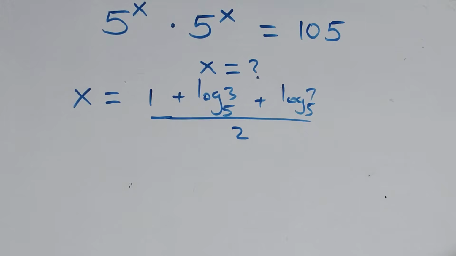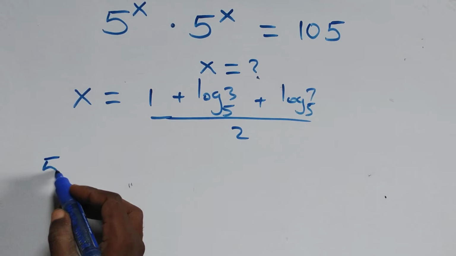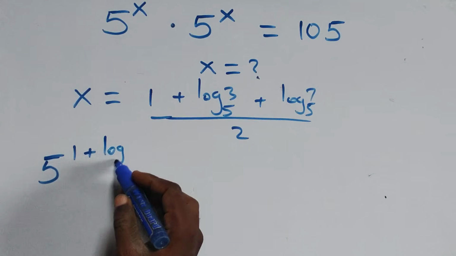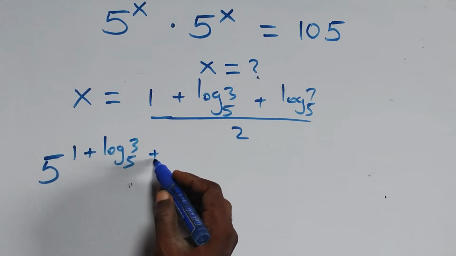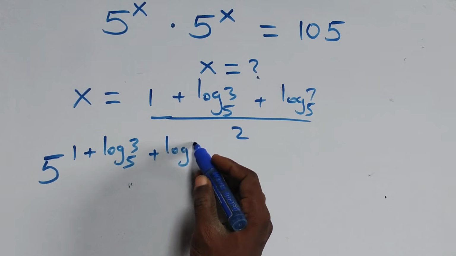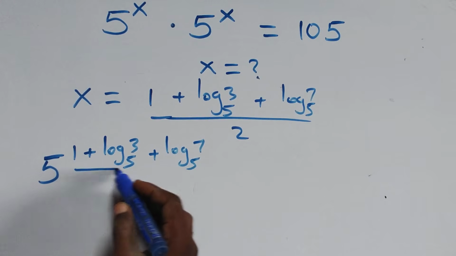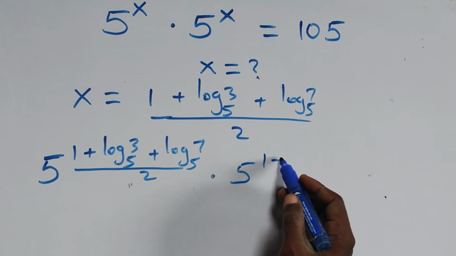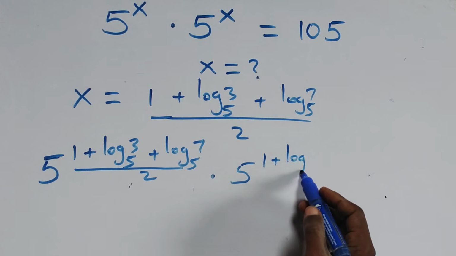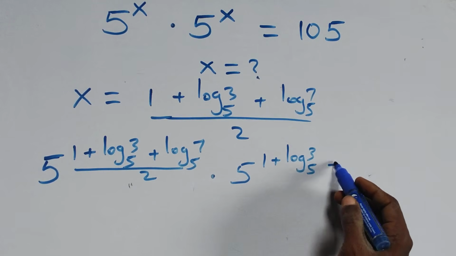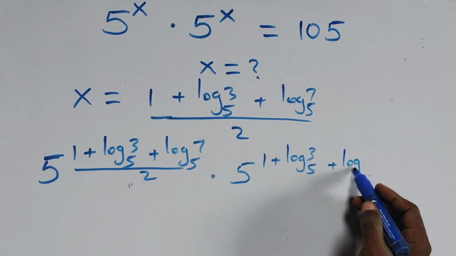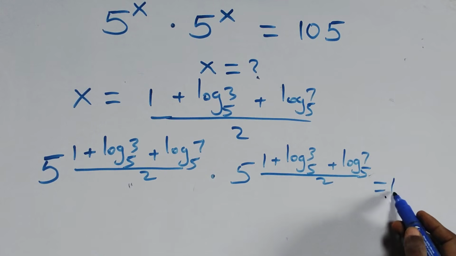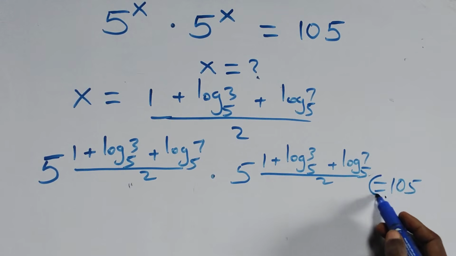Then what we have here becomes 5 raised to power 1 plus log 3 base 5 plus log 7 base 5 over 2 times also 5 raised to power 1 plus log 3 base 5 plus log 7 base 5 over 2 is it equals to 1 around 5 on this side.